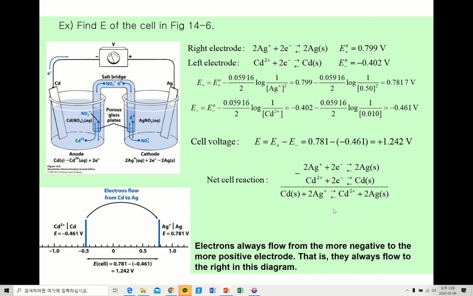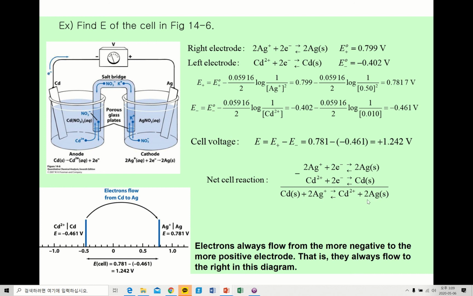So this reaction takes place spontaneously. Here cadmium just keeps being dissolved into cadmium ion, and silver ion is reduced to silver metal.